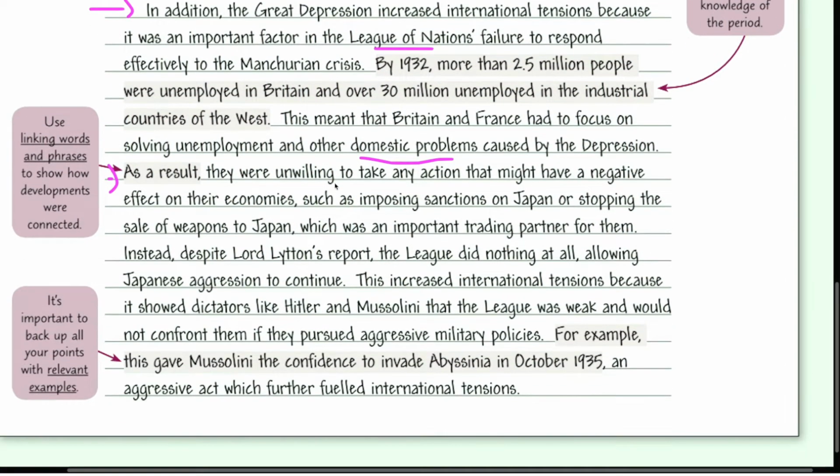And going down here too, use linking words and phrases to show how developments were connected. Example, as a result. So this is a linking word. Again, just to give you a quick reminder, linking words are words that link one sentence to the other one. For example, I was doing this, but he was doing that.